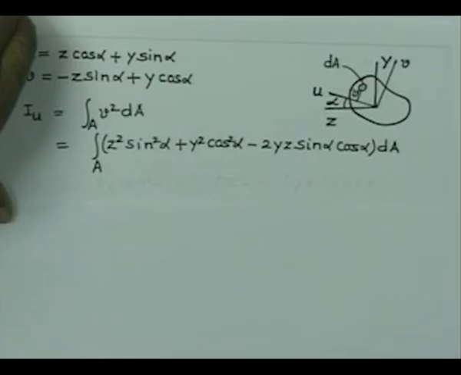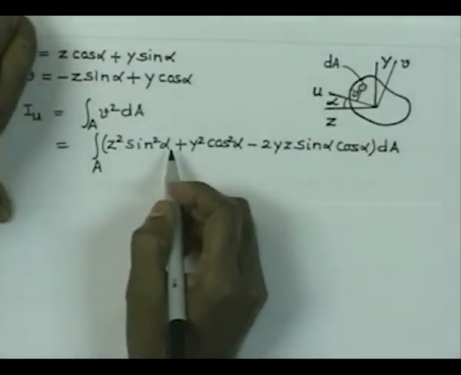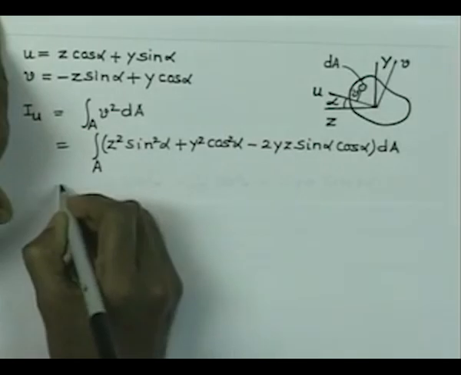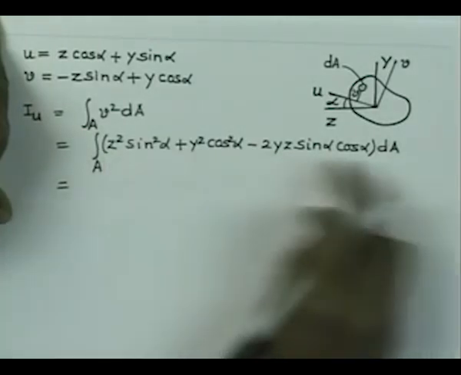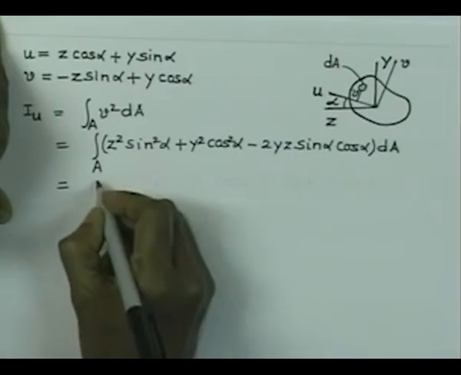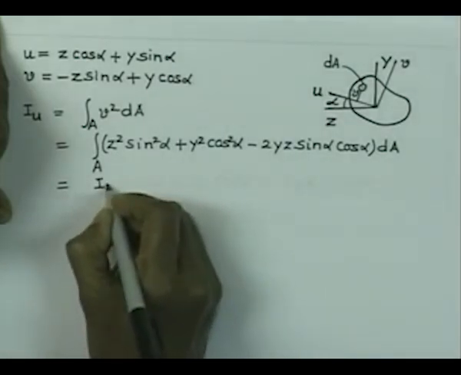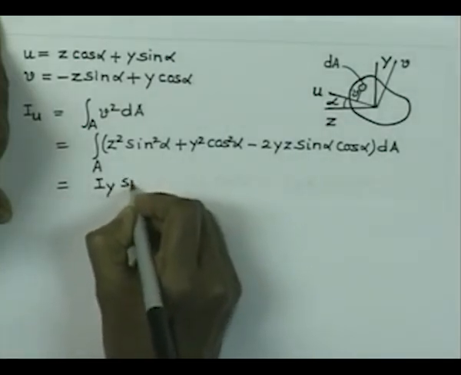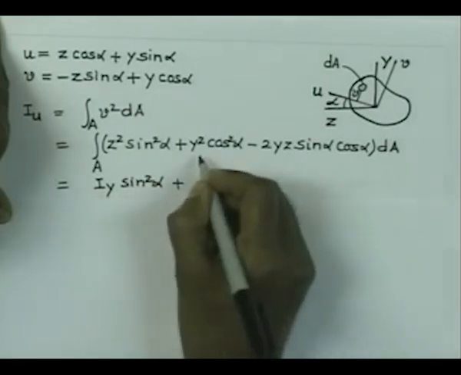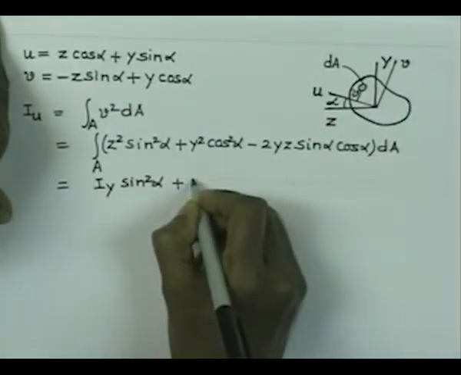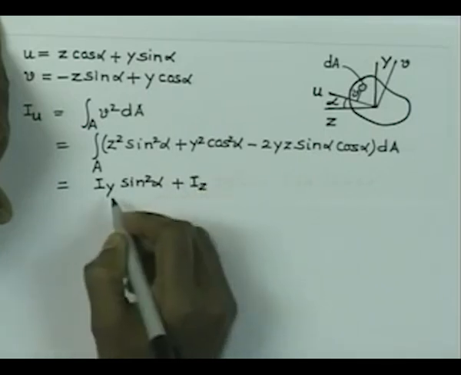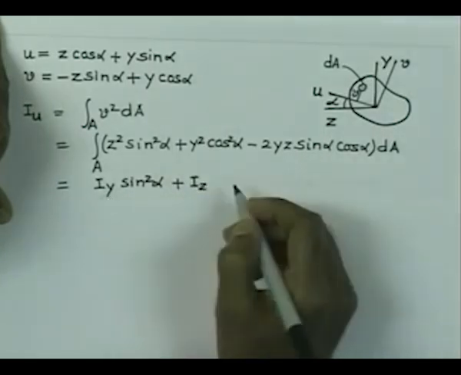Now, sin square alpha is constant, not a variable of integration. Then z square dA integrated over the whole area will give us Iy. So this is nothing but Iy sin square alpha. Similarly, y square dA integrated will give us Iz. I simply write Iz rather than Izz, and Iy rather than Iyy.